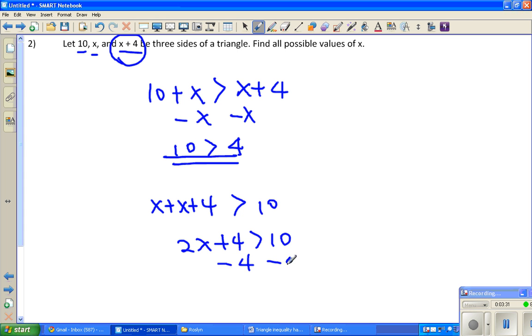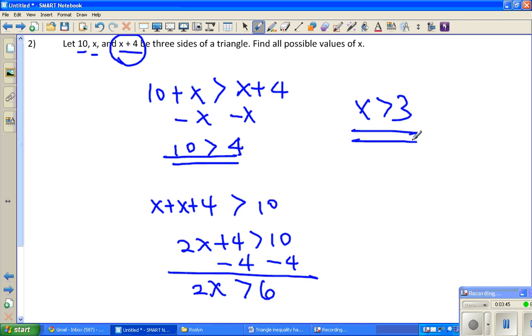Now, as we subtract 4 from each side, we realize 2x must be greater than 6. In other words, by dividing by 2 on each side, we get x has to be greater than 3. Now, that means as long as x is greater than 3, then this inequality will always be true. So that's it. That's our answer for number 2. Let us go for number 3.